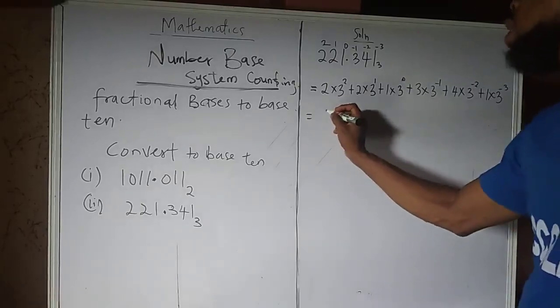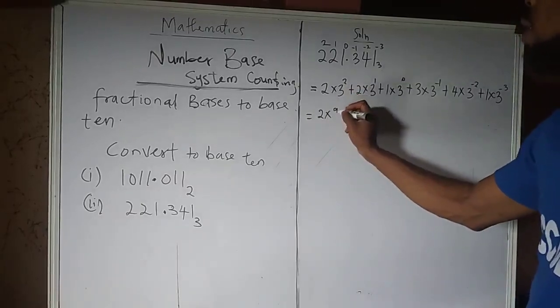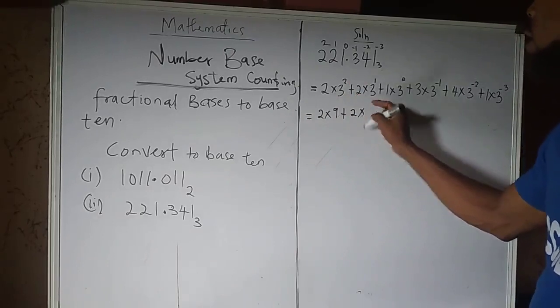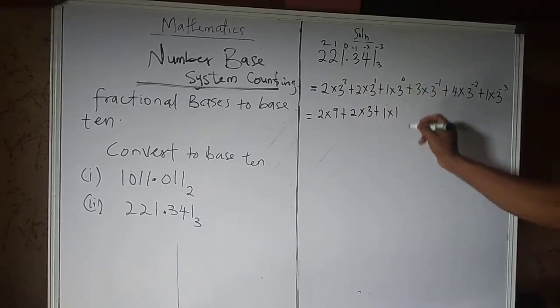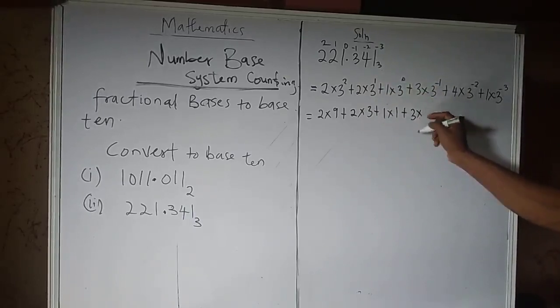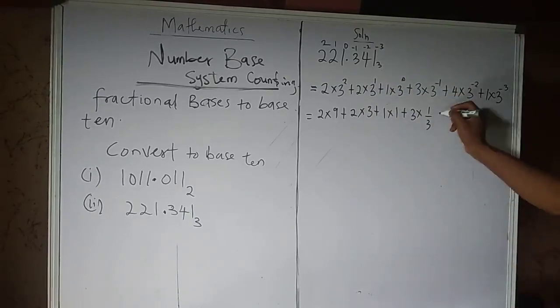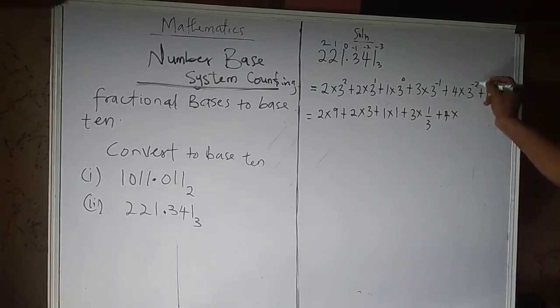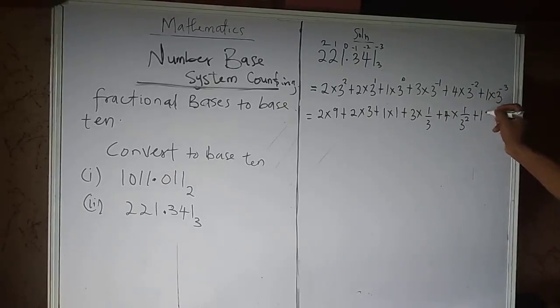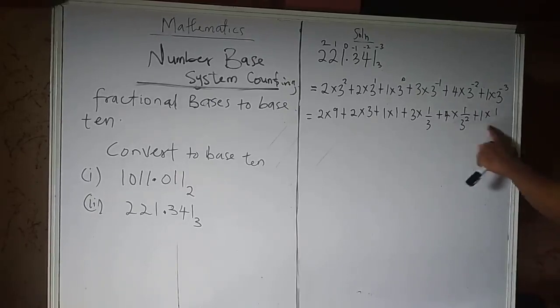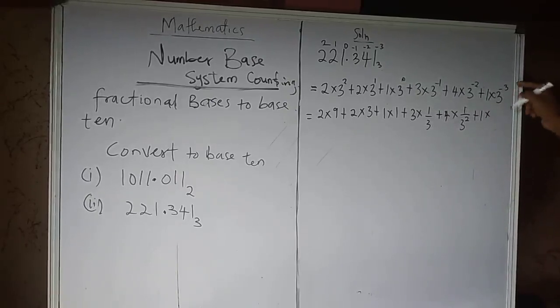Okay, so that's easy. So this becomes 2 times 3 raised to the power of 2 is 9, plus 2 times 3 raised to the power of 1 is 3, plus 1 times 3 raised to the power of 0 is 1, plus 3 times 3 raised to the power of minus 1 is same thing as 1 over 3, plus 4 times 3 raised to the power of minus 2 is same thing as 1 over 3 raised to the power of 2, plus 1 times 3 raised to the power of minus 3 is same thing as 1 over 3 raised to the power of 3.